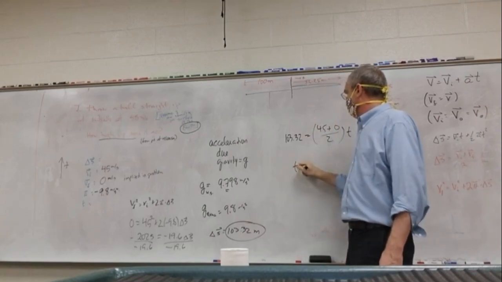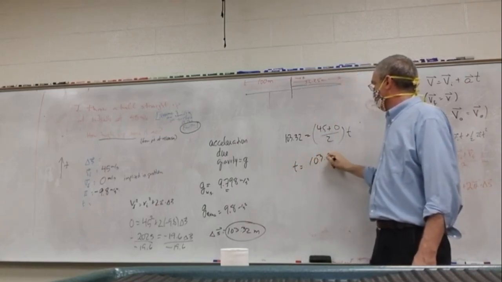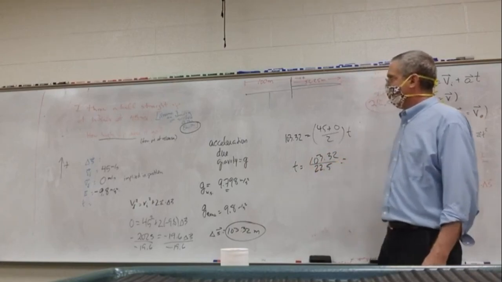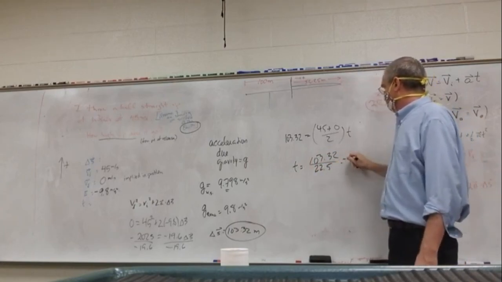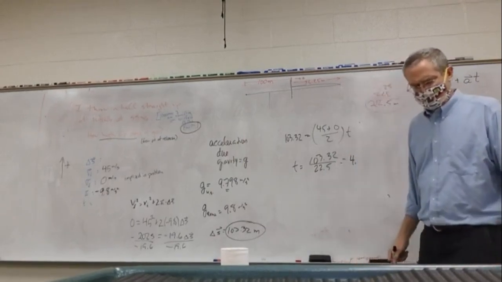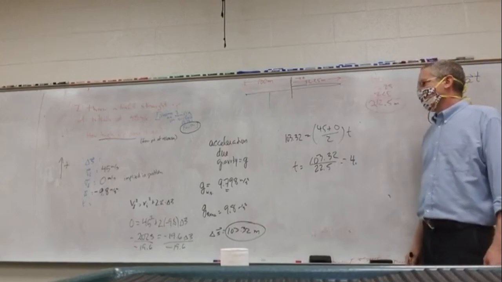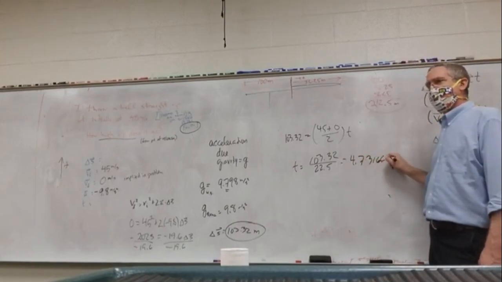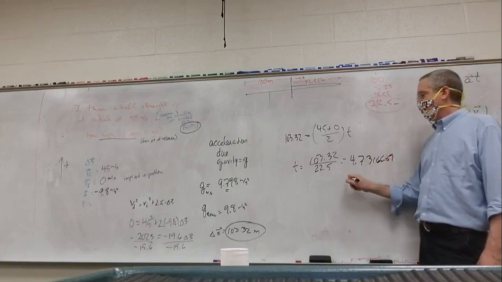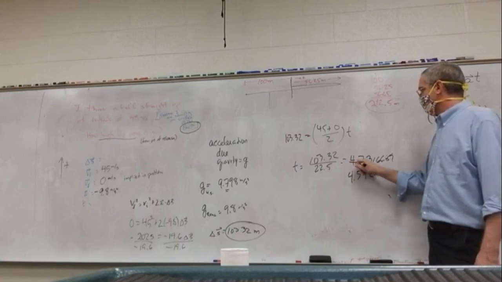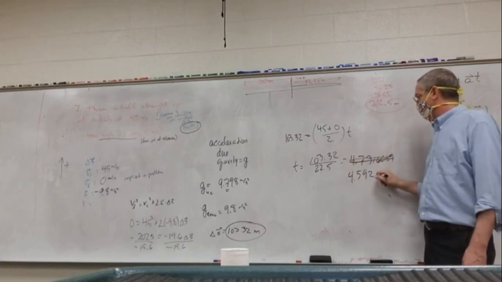So my time will be 103.32 divided by 22.5, which is 4.592 seconds. Can't believe I missed that.